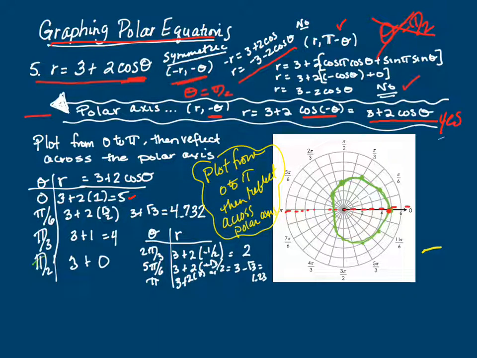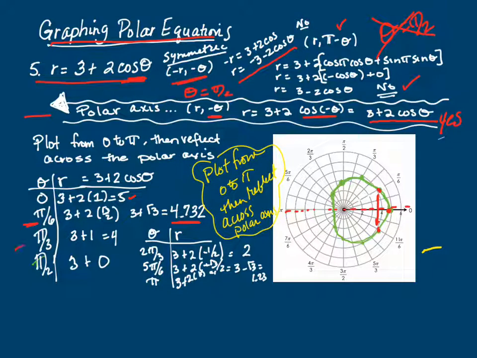That's the first point. Going to the next one, I do pi over 6, and I use my calculator, and you're going to have to do that to accurately graph these. I got about 4.7. So at pi over 6, there's my 4.7 point. But now, because it's symmetric, this is the trick. I can go across here to the exact one on this side and put the point there. So I have a point there and there now.